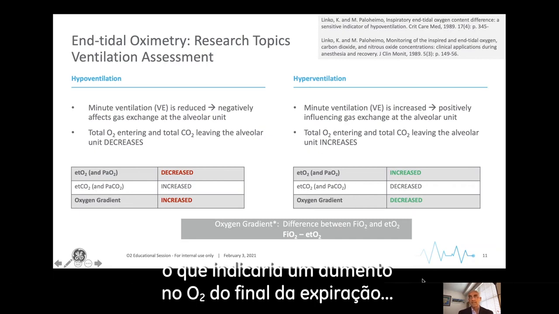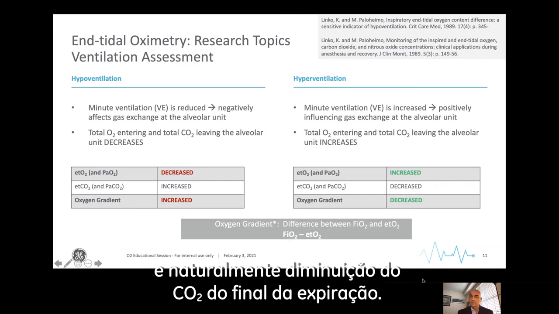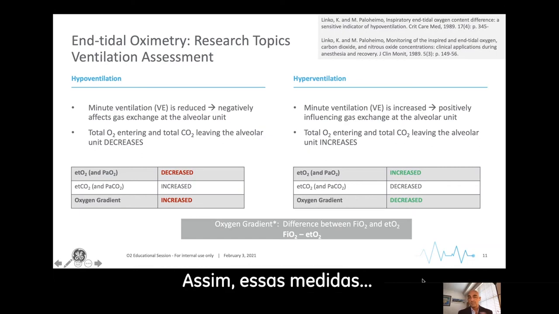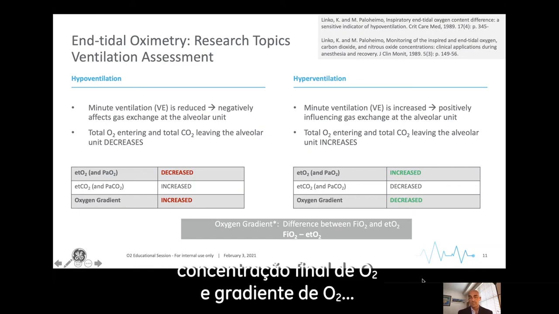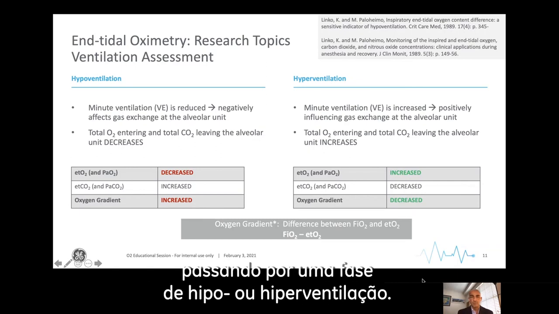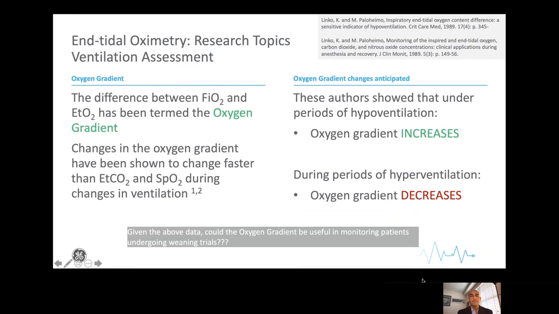Therefore, that would manifest as the end tidal oxygen has increased. End tidal CO2 naturally would decrease. And on the flip side, the oxygen gradient now has decreased. So these measurements, the end tidal oxygen as well as the oxygen gradient, can be informative to identify people that are going through bouts of hyper or hypoventilation.